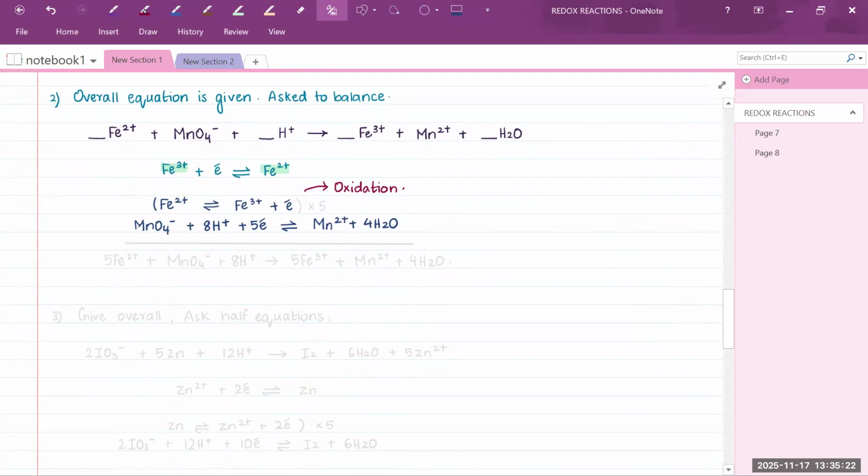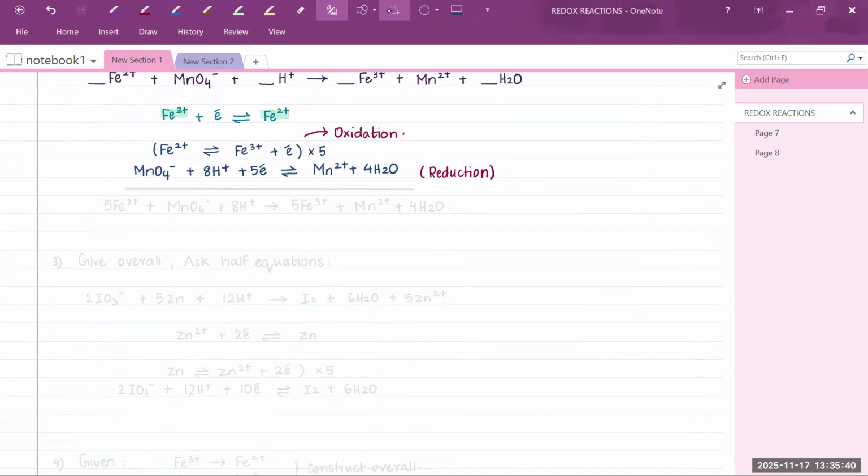That is reduction, right? And then to balance out the electrons, we have multiplied this by 5. And adding these two equations, we'll get the overall equation.